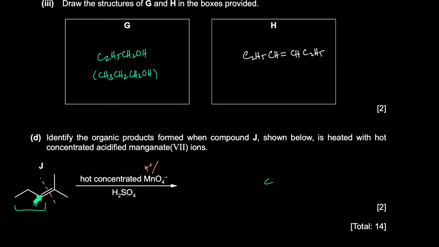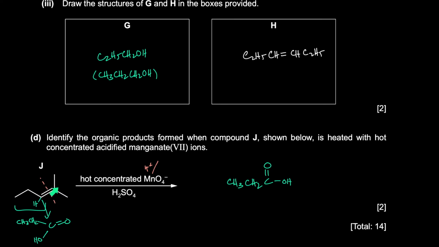Where this double bond was becomes a carbon oxygen double bond. This C becomes a C double bond O, the H becomes an OH, and then we have CH3, CH2. So what we end up making over here is propanoic acid.